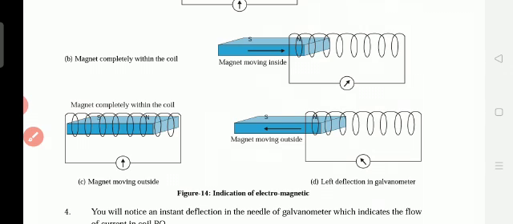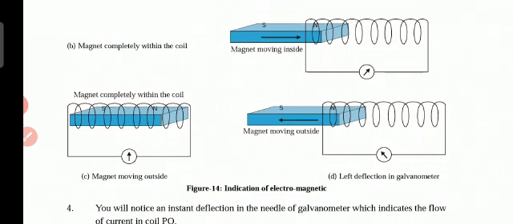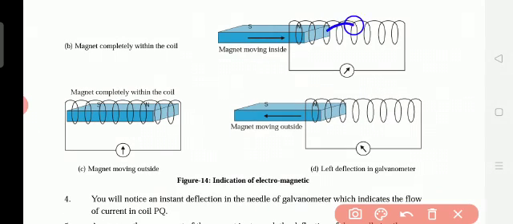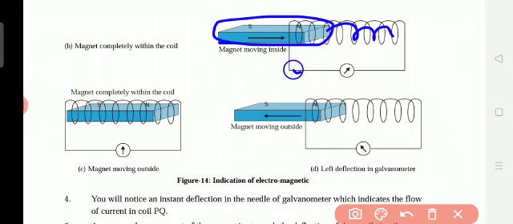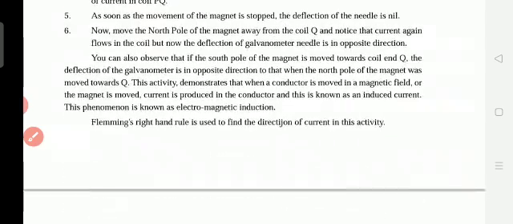So electromagnetic induction means when a current carrying conductor, this copper metal, is put inside the magnetic field, it experiences some force and starts to move, and electric current starts to flow.